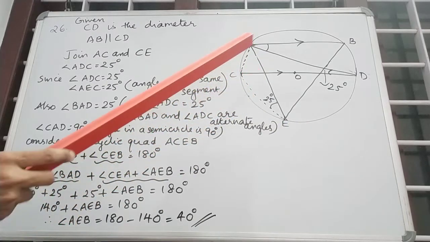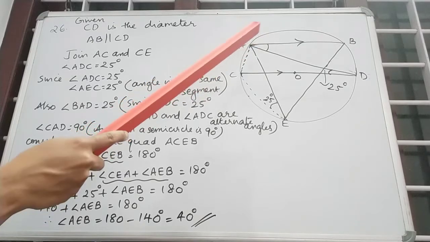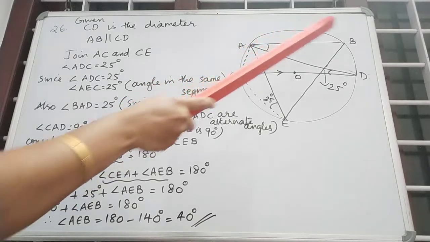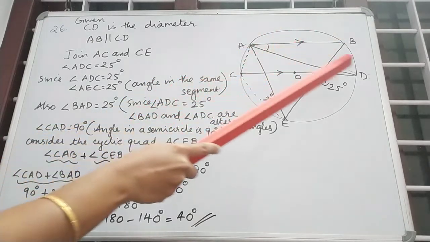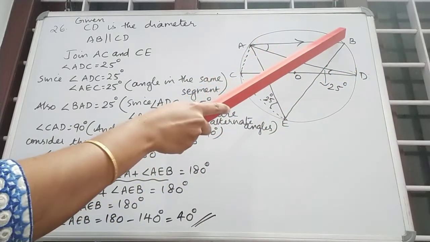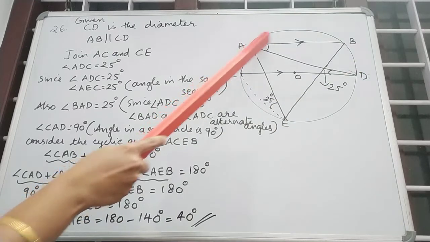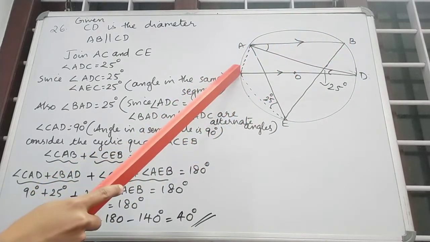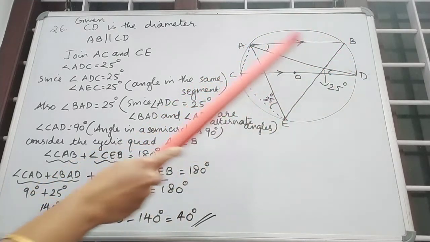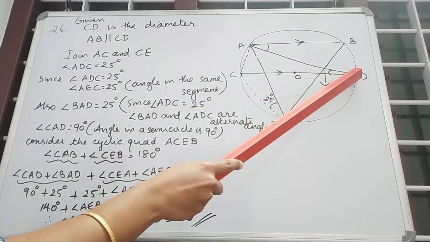Then look at angle BAD. So what about the measure of angle BAD? Given AB is parallel to CD, so AD will be the transversal.